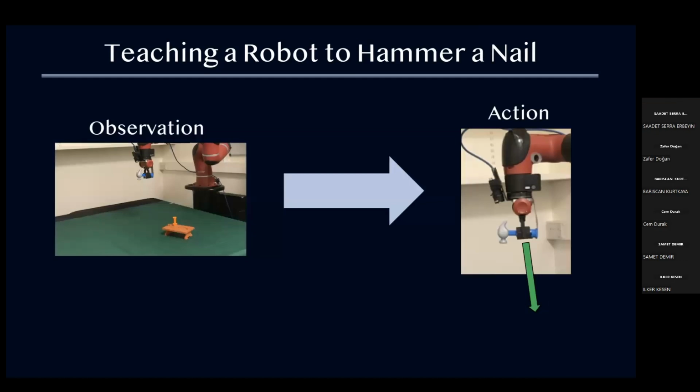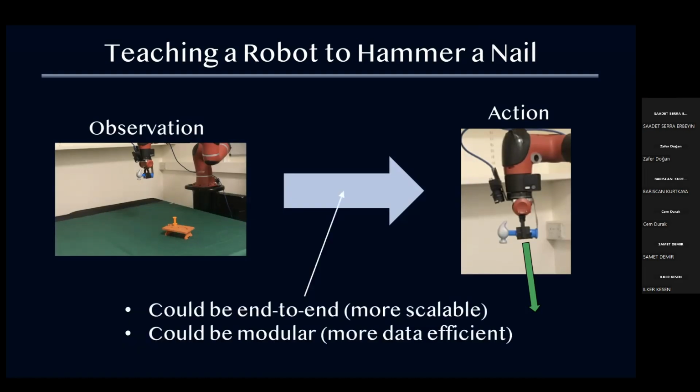What we've got to do is come up with a method to take in an observation of the world, or allow the robot to see the world through its camera observations, and then predict an action. That action could be, for example, the velocity of the robot's gripper. This big blue arrow here is the thing that we've got to design. We've got to come up with a way to get this arrow to predict the actions from the observation.